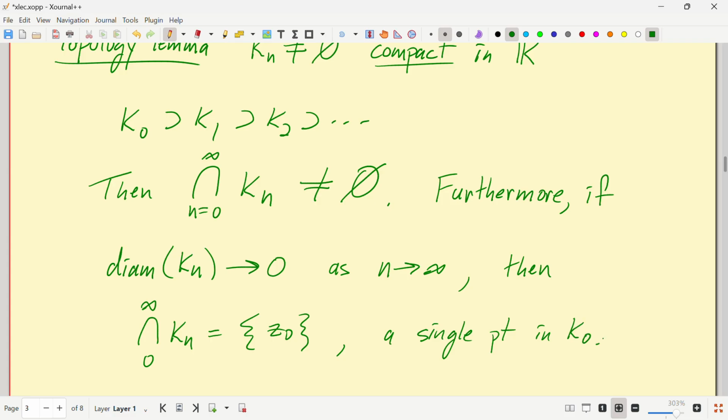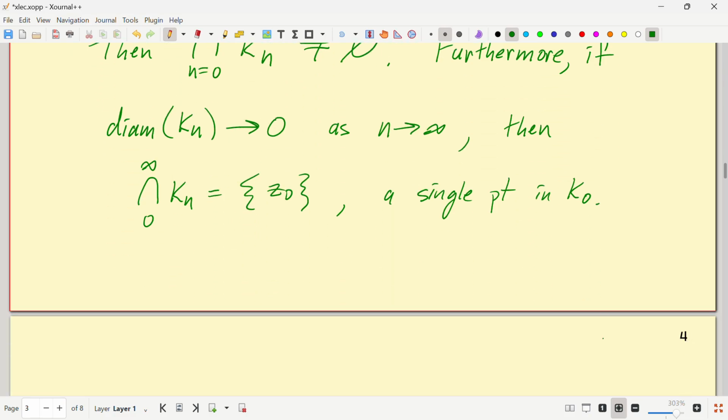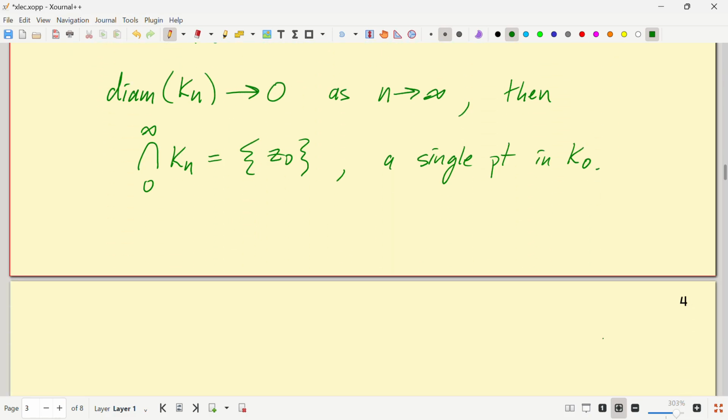Okay, I'm not going to prove that topology lemma, but it's an easy proof. And if you've had a topology class, you would have seen it. The triangle proof is particularly easy. Let's see what the triangle proof is.